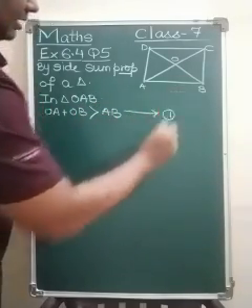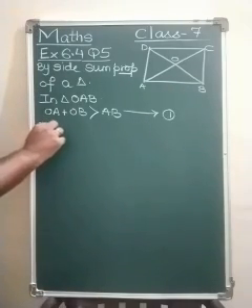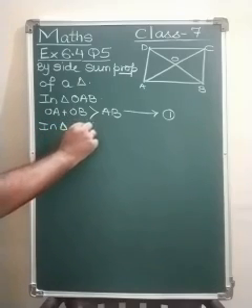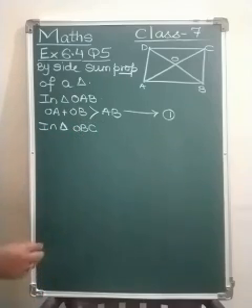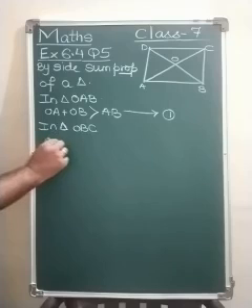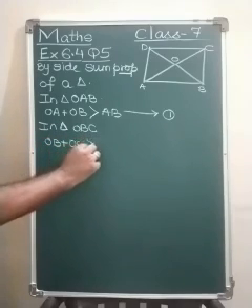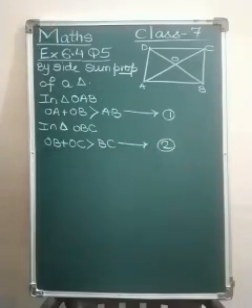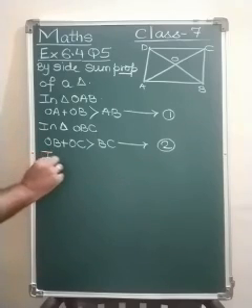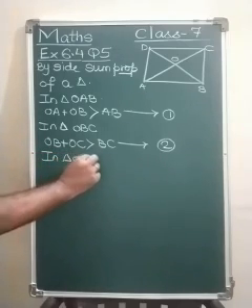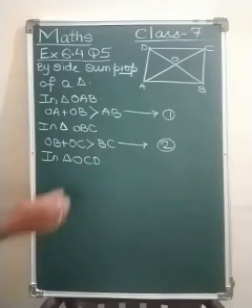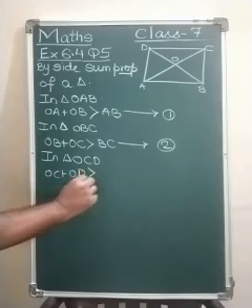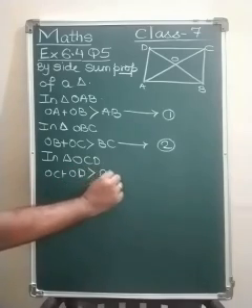Again, this is number one. In triangle OBC, OB plus OC is greater than BC. This is number 2. In triangle OCD, OC plus OD is greater than CD.